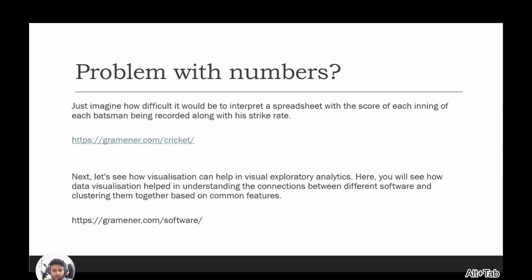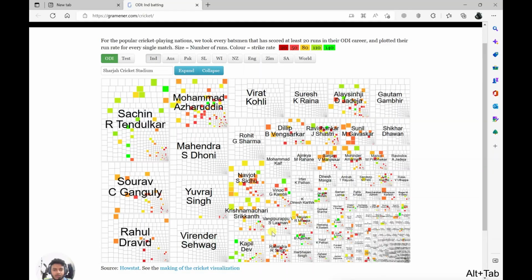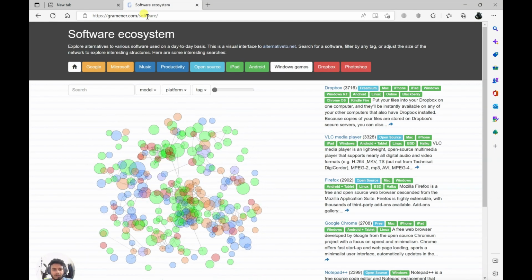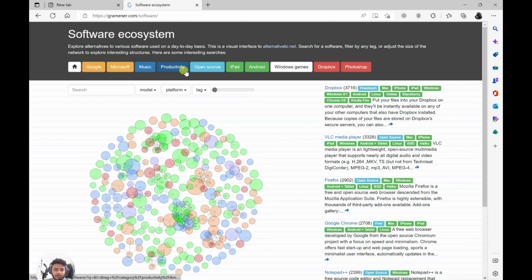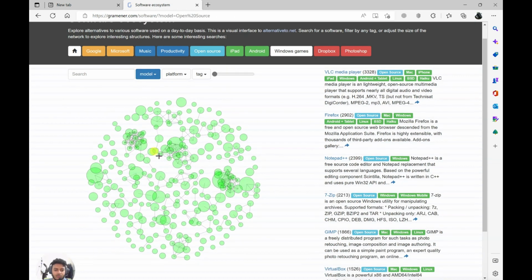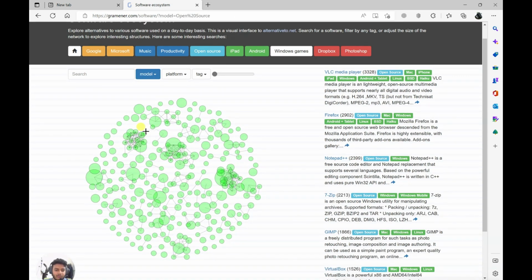Now let's go back to our visualization. There is another example that I want to show: software. Here you will be able to see all different kinds of software ecosystems. Let's say we want to see open source. You will see clusters of groups in some of the bubbles. It is telling us it's a group of software that belongs to the same domain, and you will see what that software provides, what platform it runs on, and whether it is open source or not.